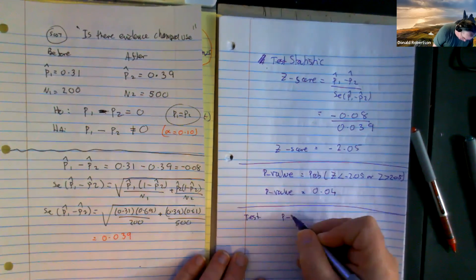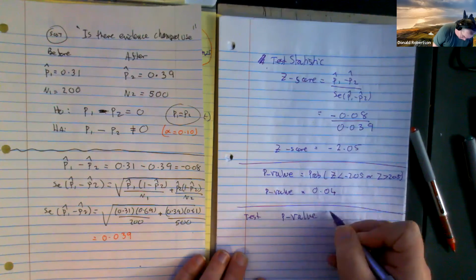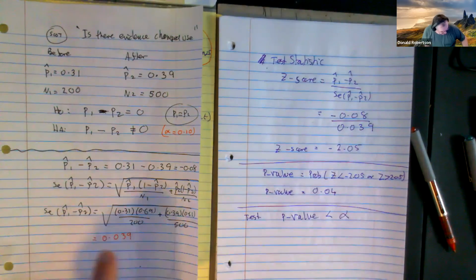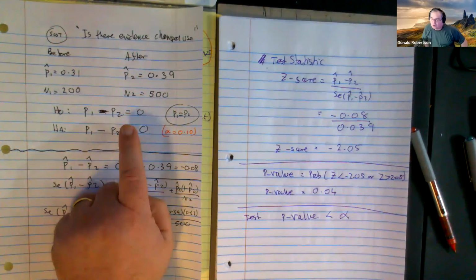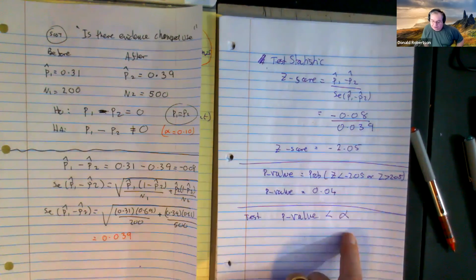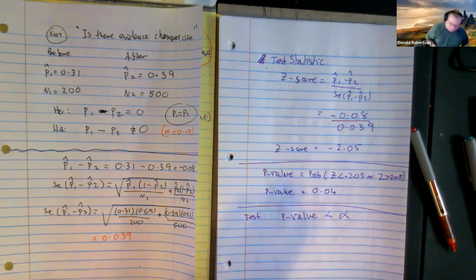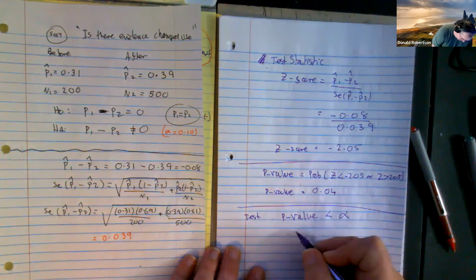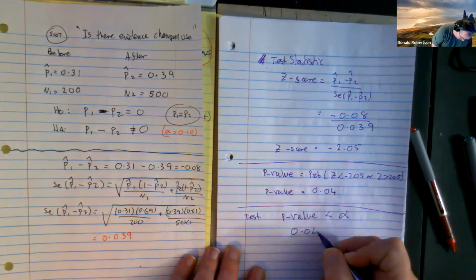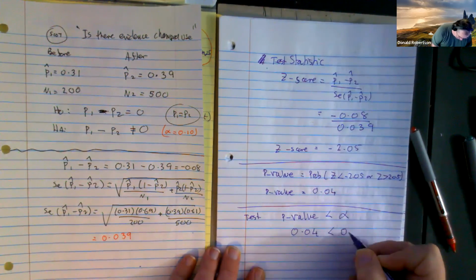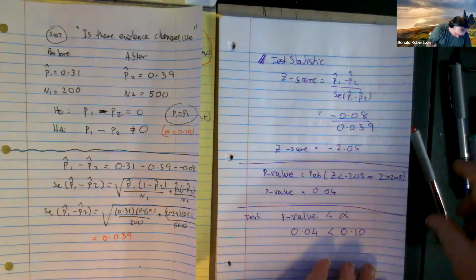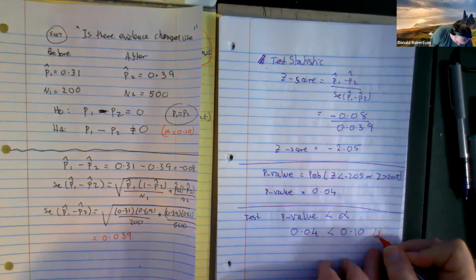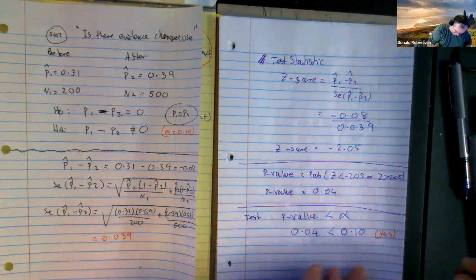Here's our test. And it's always going to be p-value less than alpha. Doesn't matter if it's a greater than, a less than, or in this case, a not equal to. This is your same test each time. And we want to find, is that less than 0.10? And the answer is yes.